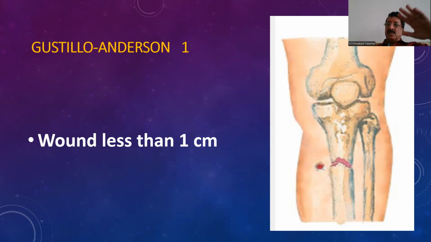But you can see from the top there is a small hole over the fracture site, and this hole makes the fracture qualify as, number 1, a compound fracture, and number 2, since the size of the hole is so small, less than 1 centimeter, you call it Gustilo-Anderson type 1.